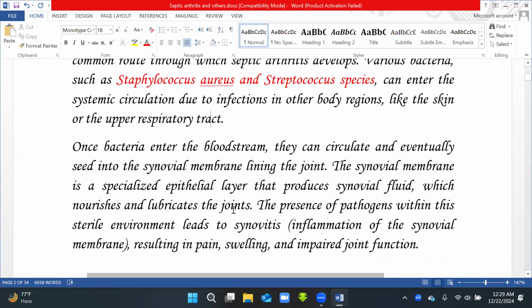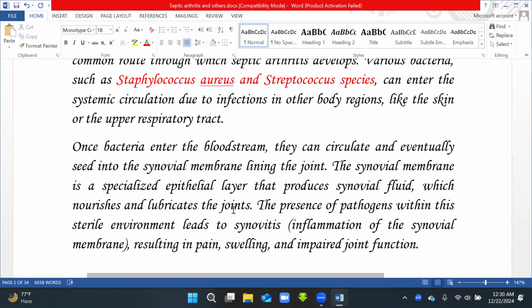Once the bacteria enters the bloodstream, it is now what is known as septicemia. When it enters the blood, they can circulate and eventually seed into the synovial membrane lining the joint. The synovial membrane is a specialized epithelial layer that produces the synovial fluids that lubricate the joint and also nourishes the joint.